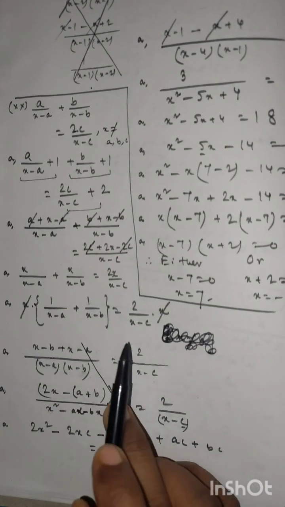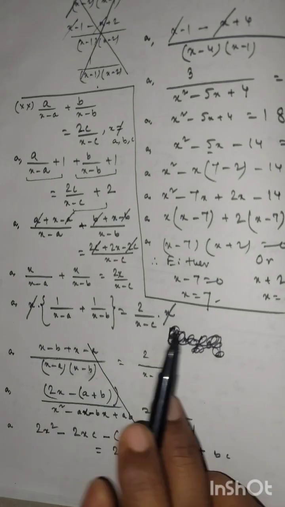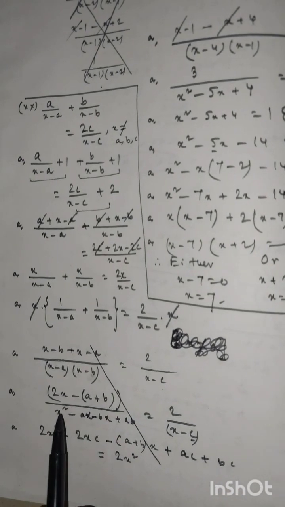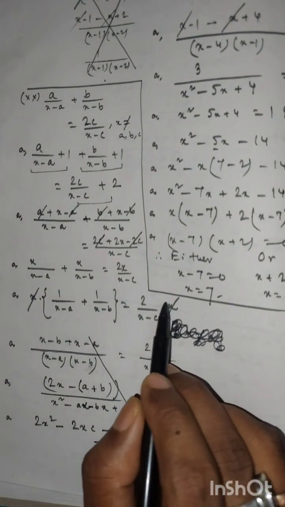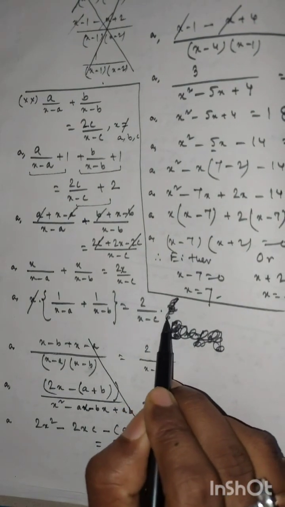Sorry, we should not cancel x from both these sides. x can be equal to 0, so we cannot cancel it, we should not cancel it.